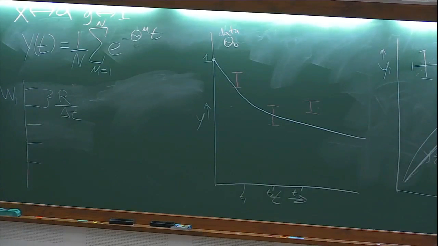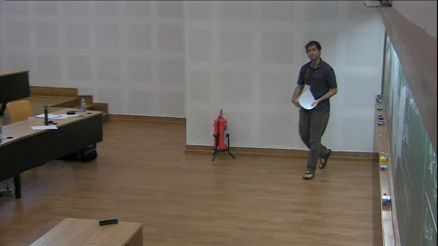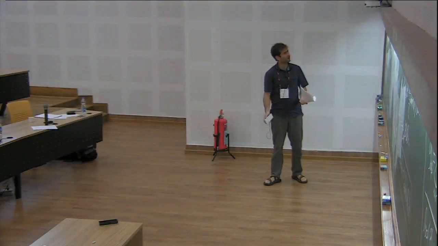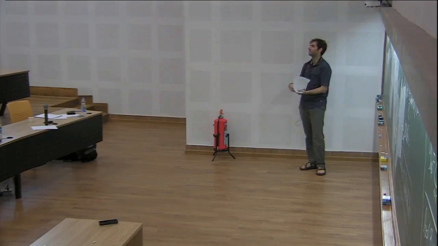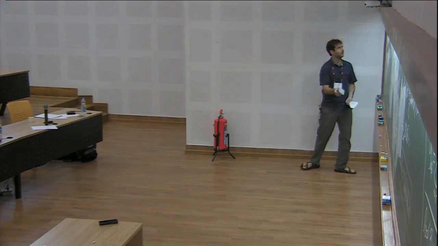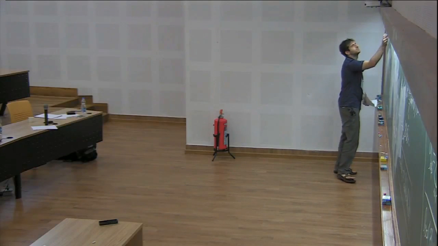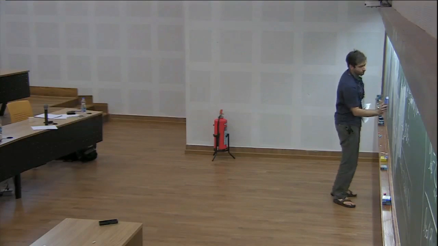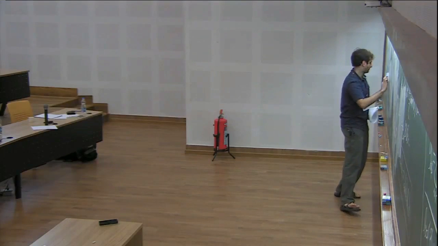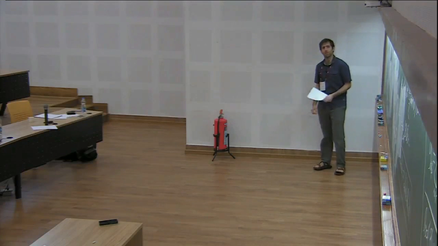So now I want to turn to another way that sloppiness can arise, which is when you take data at a time scale that's much longer than that at which the model is defined. So now I'm going to erase this. And as I'm erasing the rest of the board, I'll put the model up.